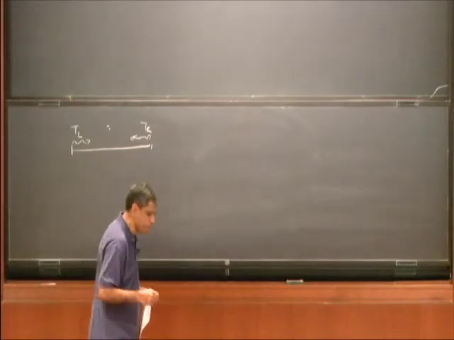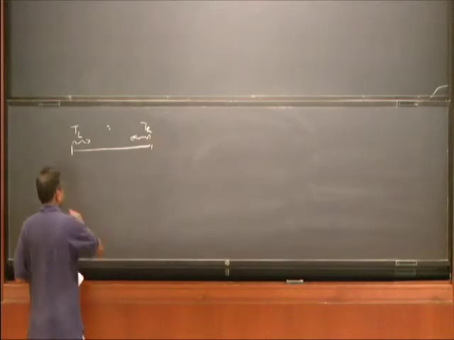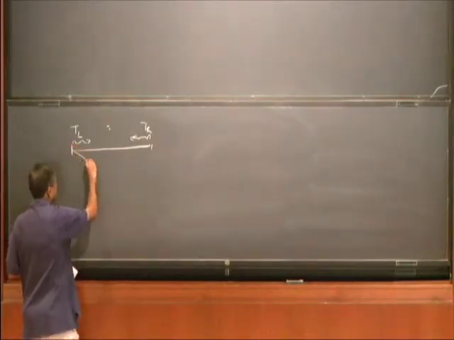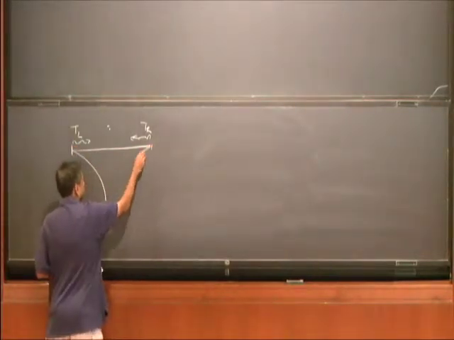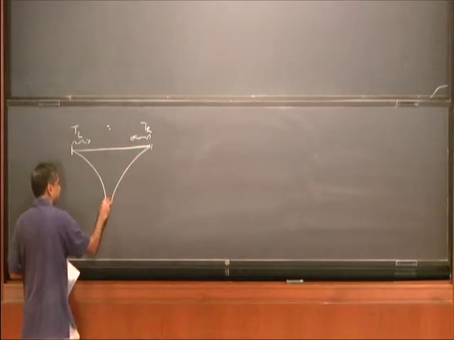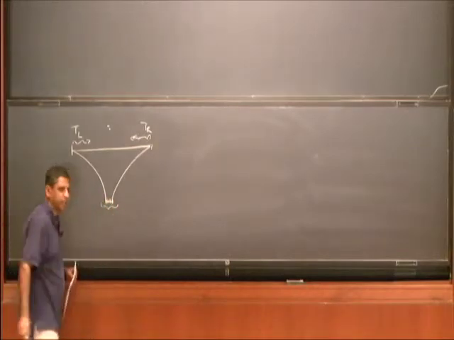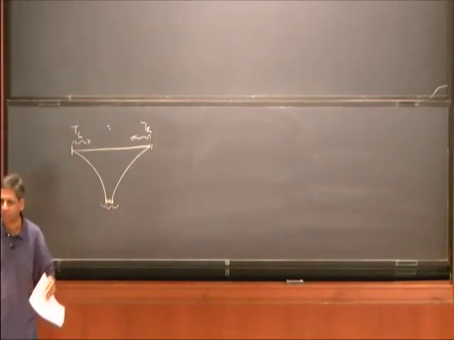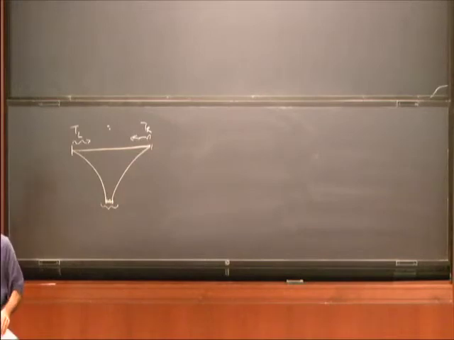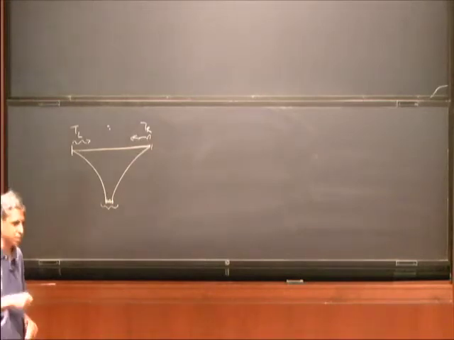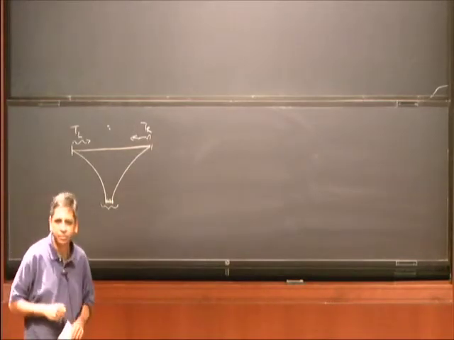And what inflation does is that it goes back, and now you have a small region over here. And this big region is supposed to come from this little region, and the small region is supposed to be in causal contact.